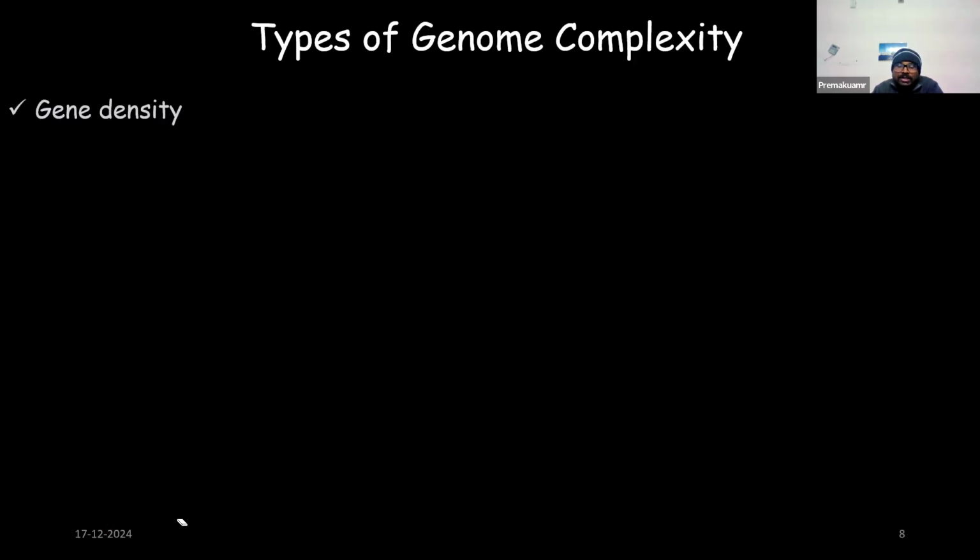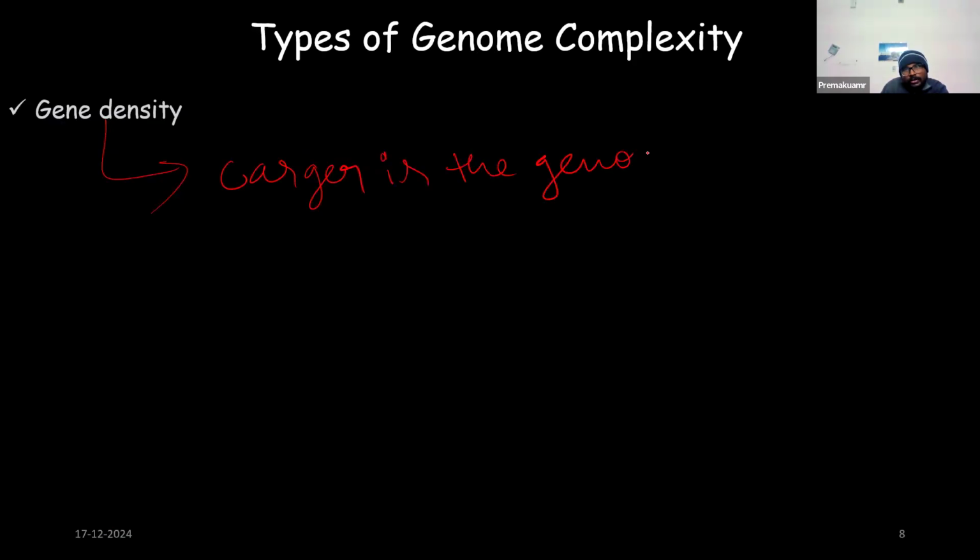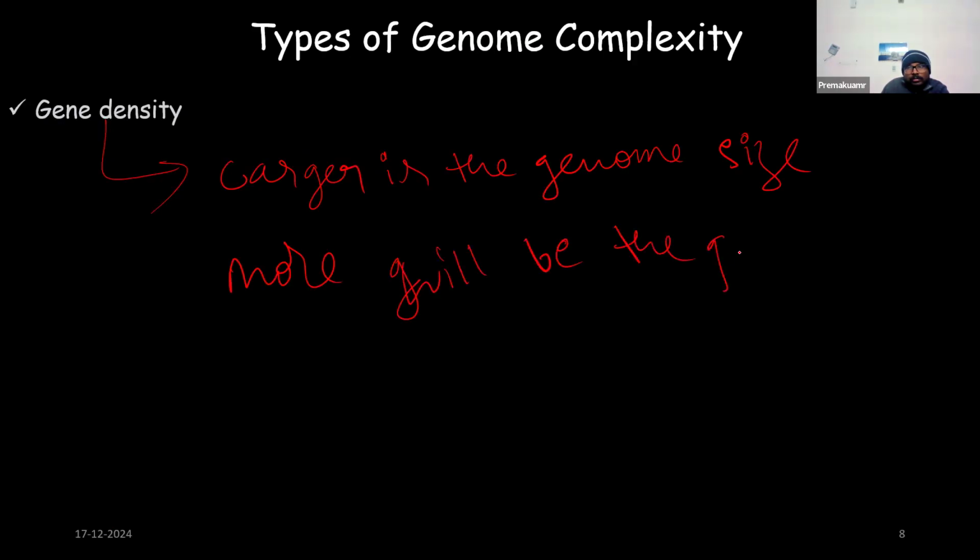Then there are types of gene density. What is gene density? How many genes are present in a particular genome, maybe 20,000, 10,000, 40,000. And again, if the genome size is larger, will the gene number be higher? Is this statement correct?